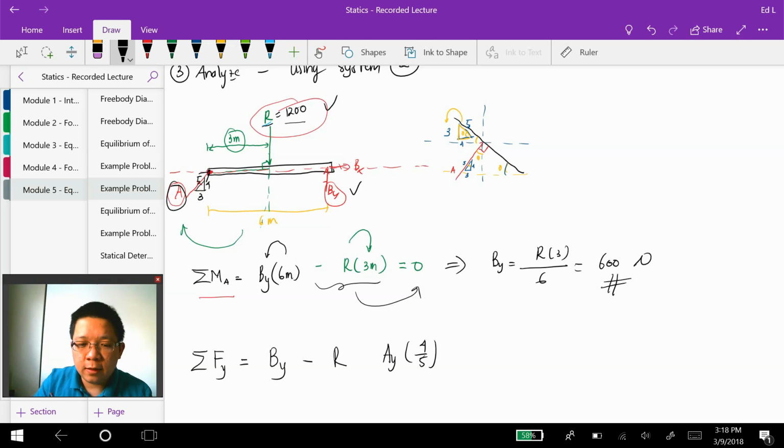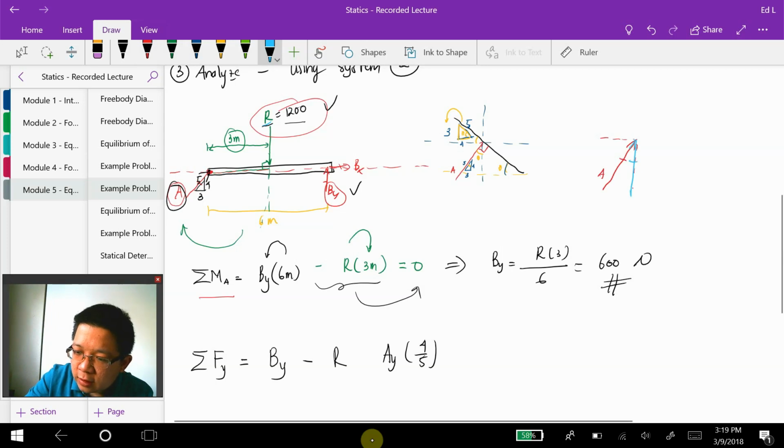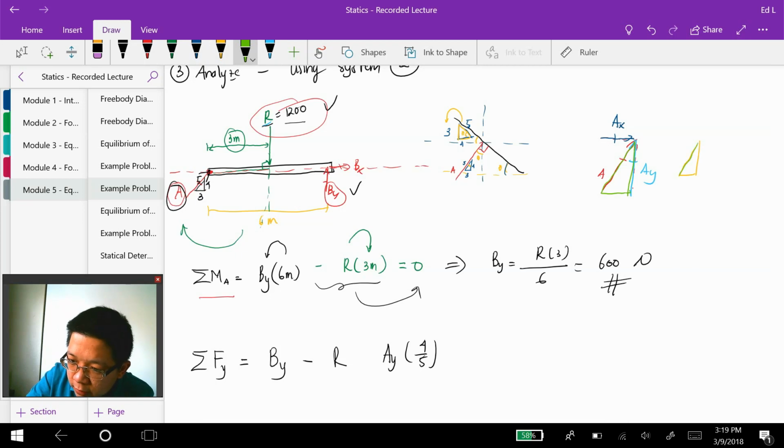Remember that here, this is A, this is the Y component of A, and this is the X component of A, and this triangle right here is proportional to this triangle right there, 3, 4, 5.